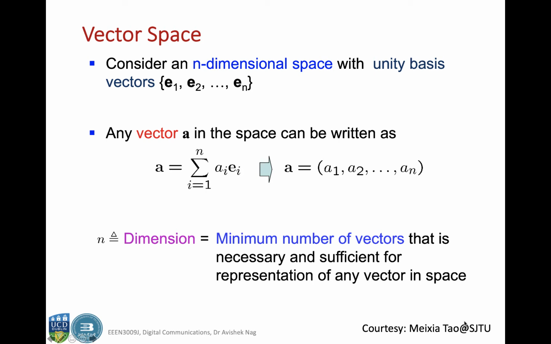So to start with, first we have to understand the concept of vector space, because essentially a signal space is a vector space where the signals are represented as vectors. So don't get confused with this interchanging of the terms, because you will eventually see that on a high level they are identical.